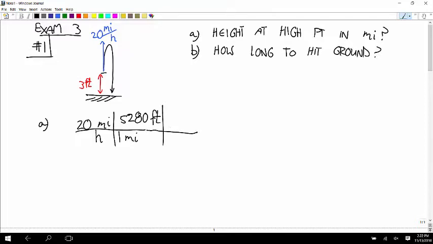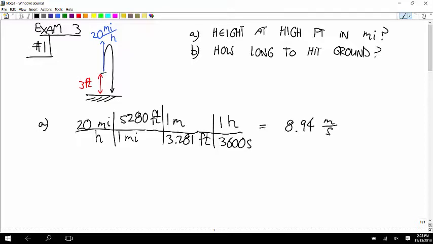And then 1 meter is 3.281 feet. And then 1 hour is 3,600 seconds. And I think if you convert this, you get 8.94 meters per second.